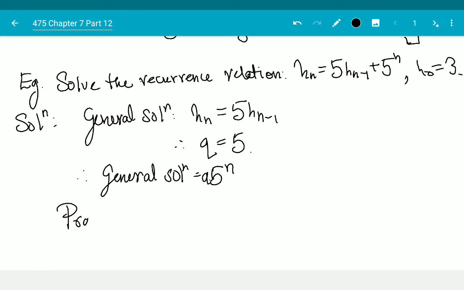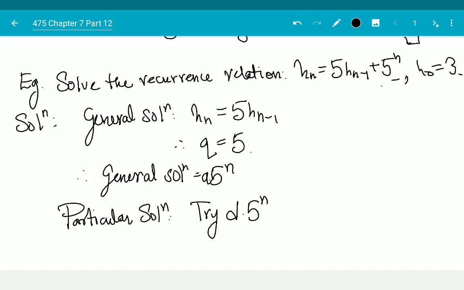Particular solution: I am going to try, as before, d times 5 to the n, because my c was 5 to the n.